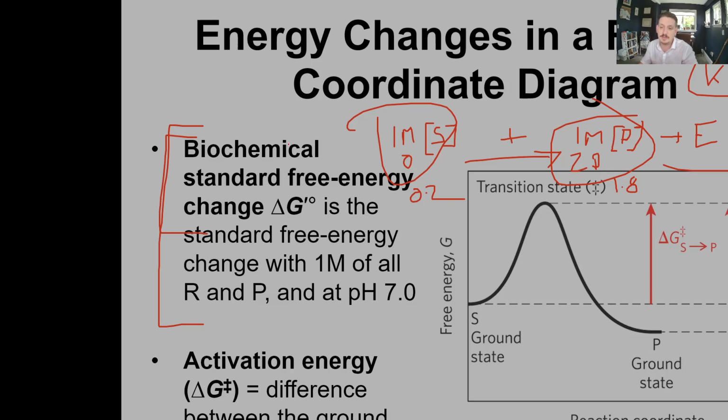The delta G apostrophe degree sign is the biochemical standard free energy. So it's referring to under biological conditions, pH 7, how much energy is required in order to get to KEQ. We're going to talk about that in a little bit.